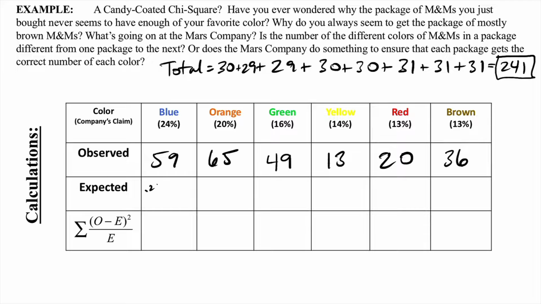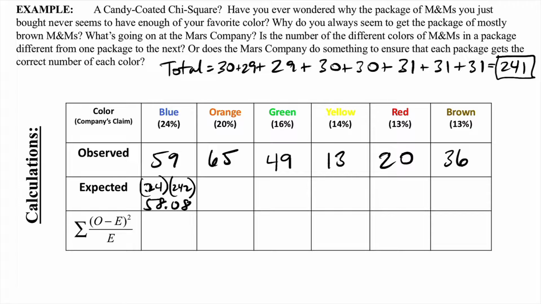We say 24% times, or 0.24 times the total, which was 241, or let's say 242 just to make it even, since they all added up to 242. So we multiply 0.24 times 242, and we get 58.08. That's how many we expected to get.